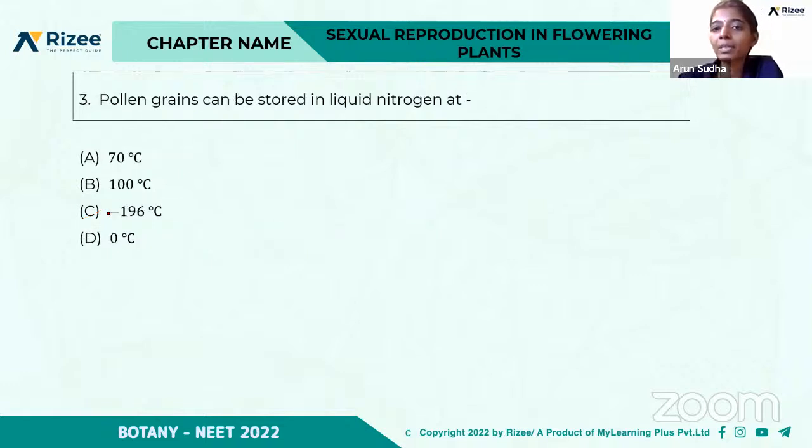Pollen grains can be stored in liquid nitrogen at 70 degrees centigrade, 100 degrees centigrade, minus 196 degrees centigrade, or 0 degrees centigrade. Yes, C is the right answer because it is stored at minus 196 degrees centigrade so that it can be used for crop breeding programs.